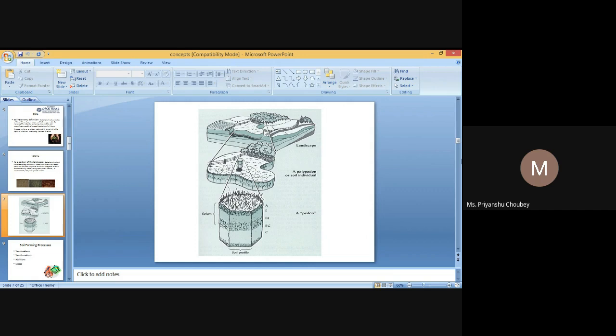Factors influencing the formation and the stability of the soil structure. So the first one is the physical factors. Physical factors include wetting and drying, and freezing and thawing. Alternate wetting and drying leads to the formation of smaller aggregates, particularly in fine texture soil.